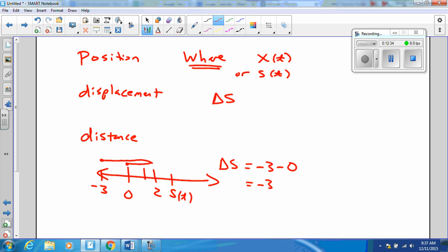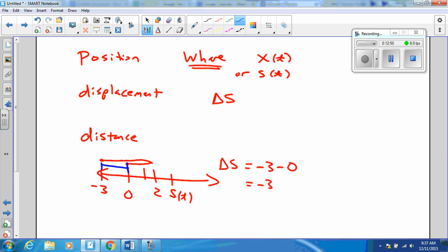That's it. The displacement is just the signed difference between where you ended up and where you started. It does not know or care how you got there.